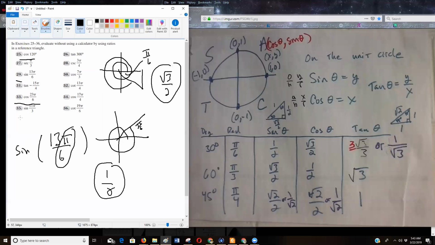Okay, how about sine of 11 pi over 3? Let me clean this up a little bit.